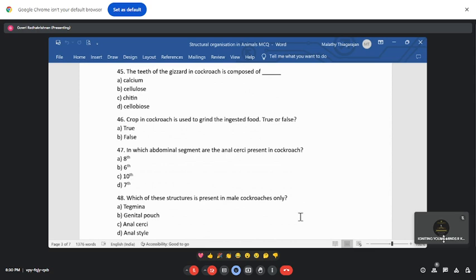Now just see the next question. Crop in cockroach is used to grind the ingested food.